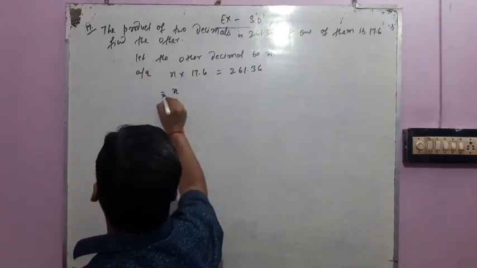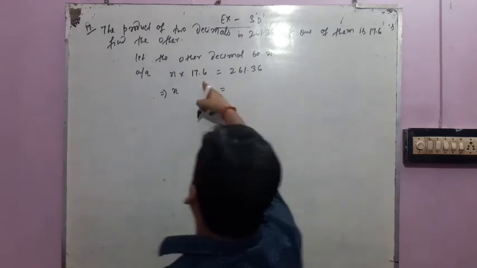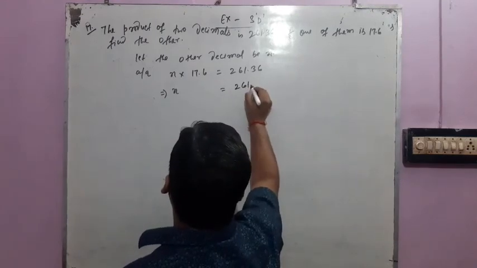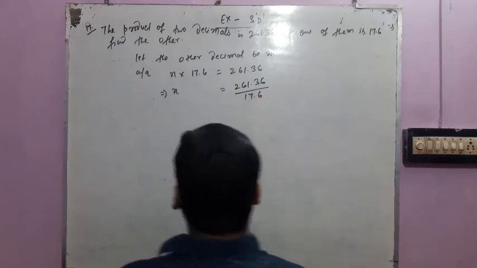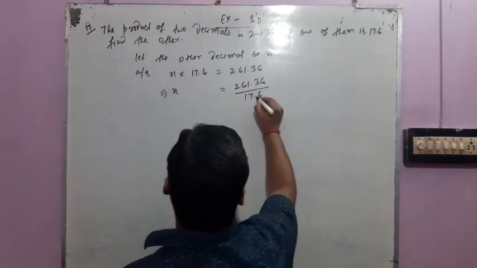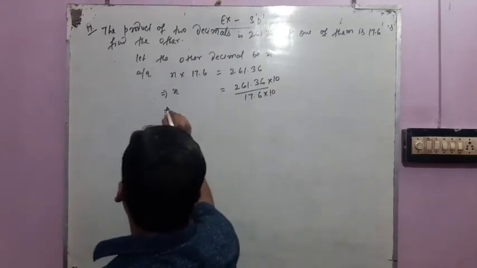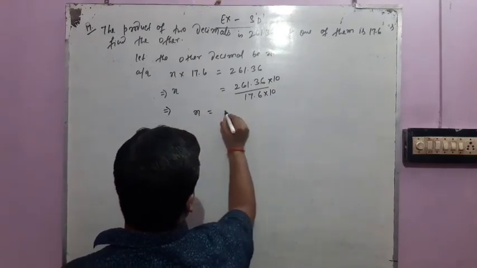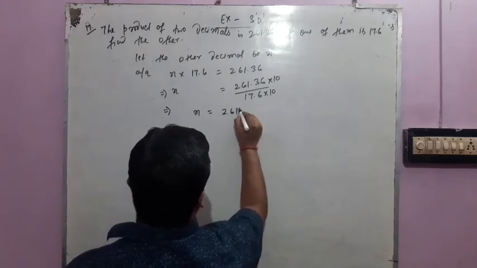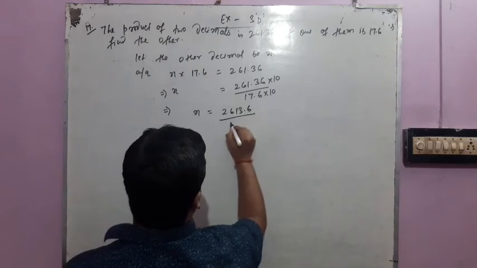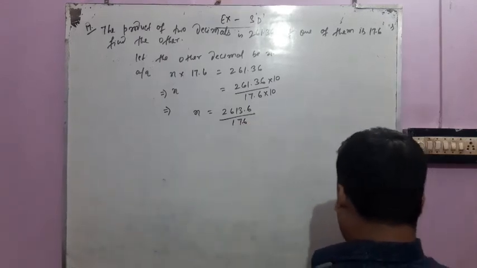So for calculating the value of x, we have to keep 17.6 on the right side. Now for removing the decimal from here, we have to multiply both the numerator and denominator by 10. Therefore x equals 2613.6 by 176. Okay students, now we have to divide.